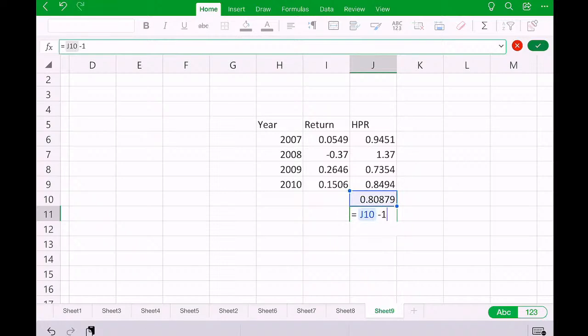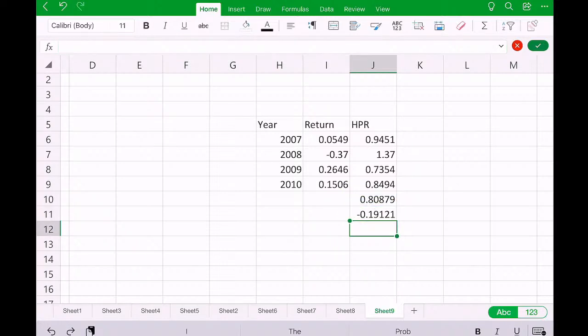Don't forget to minus 1 because, oh, I got it wrong. So let's see what I did wrong. The numbers are right, 0.0549, 0.37, 0.2646, and 0.1506. And then I took 1 minus, 1 minus, 1 minus, 1 minus, and then I multiplied them.